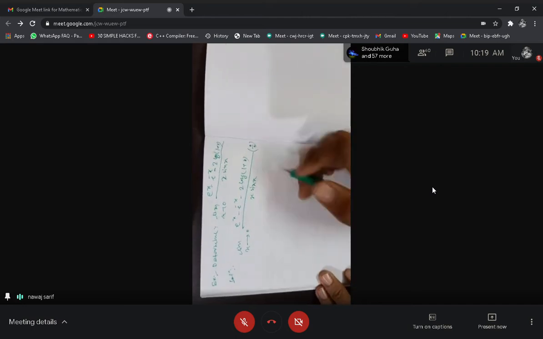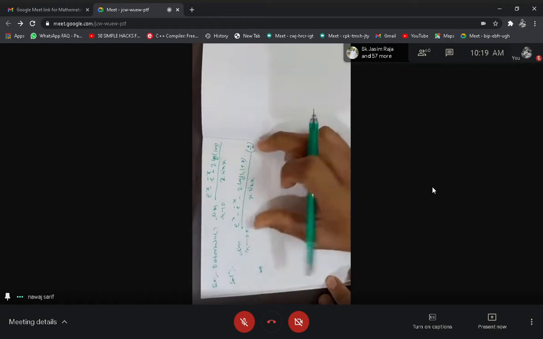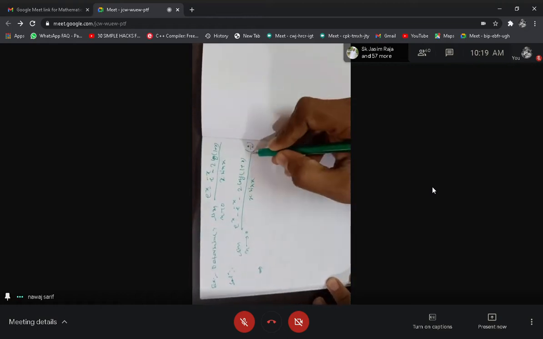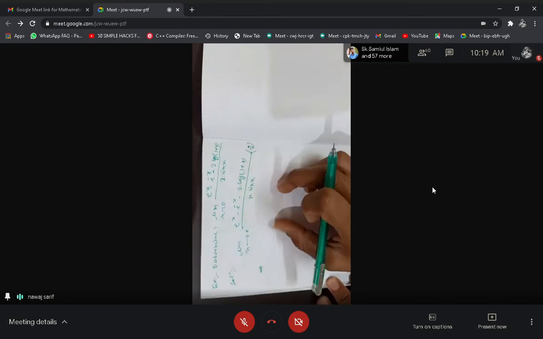Then what will you do? You can find the derivative of the numerator function and the denominator function, then you can solve.